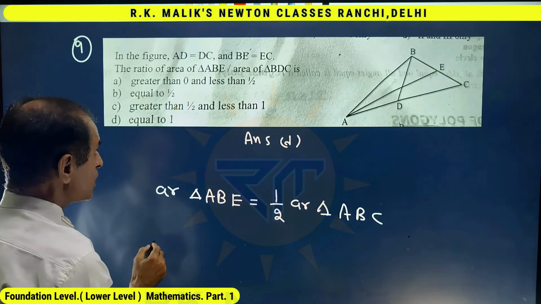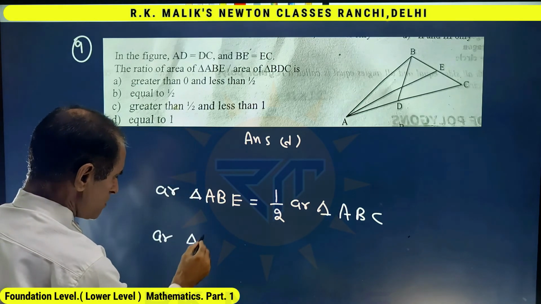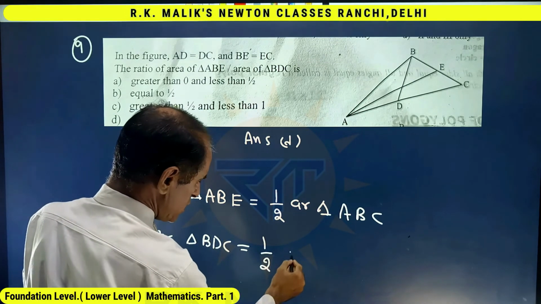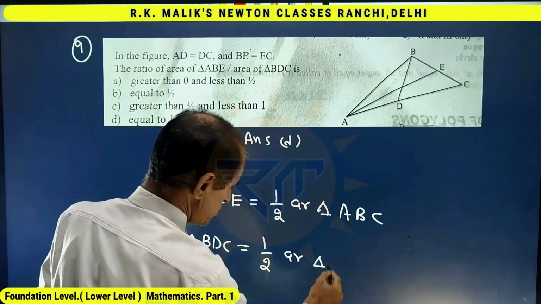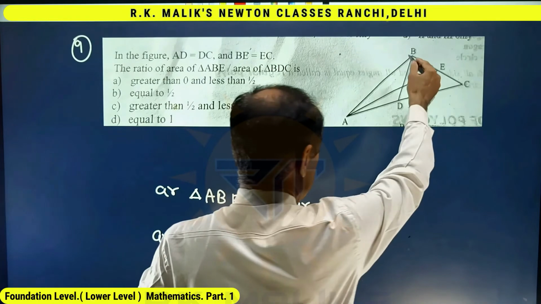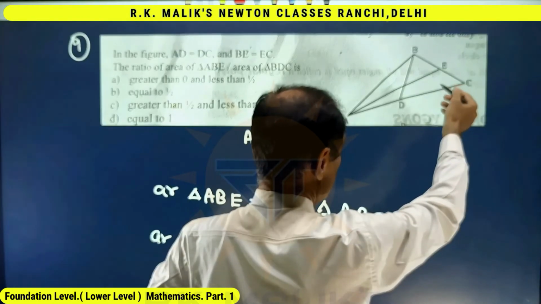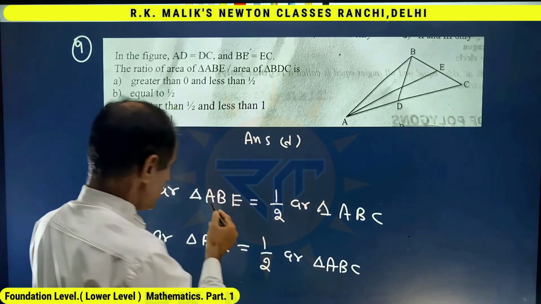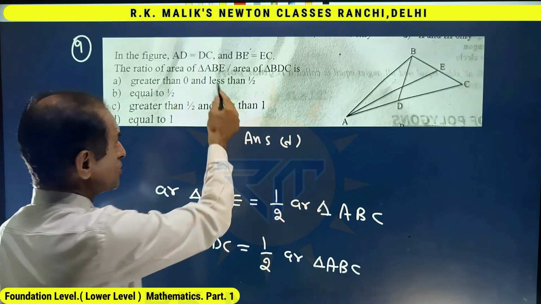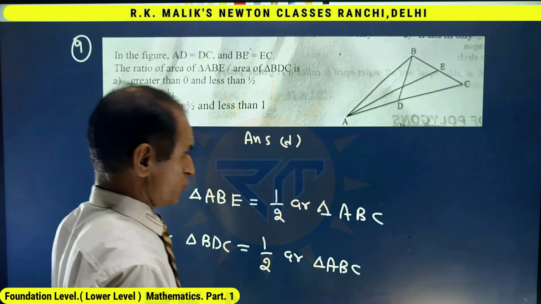Similarly, for BDC, the area of triangle BDC will also be half of the area of triangle ABC, because we know that every median divides the triangle into two parts of equal area. Hence, the areas of both of them are equal. Therefore, the ratio becomes 1. Therefore, D becomes the correct choice.